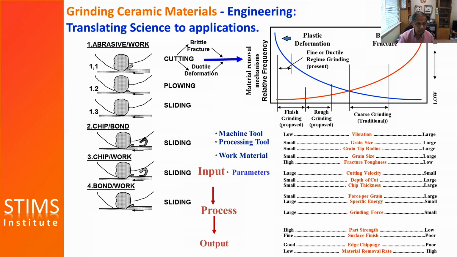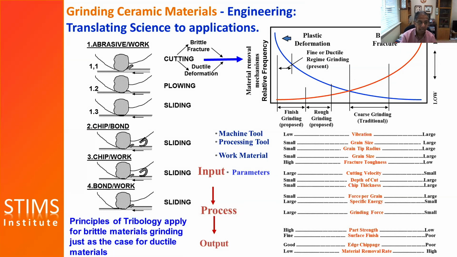So what we did was, we took what is available in the literature, we came up with this model, and we understood that we had to stay in a certain regime. Within that regime, you can design a roughing grinding cycle and a finish grinding cycle for economics and productivity and so forth. And you could indeed achieve very high surface quality and low brittle fracture and cracks.